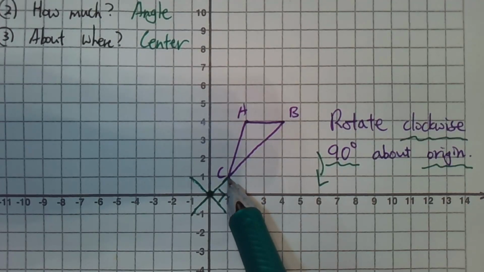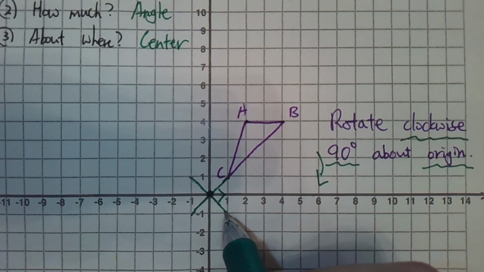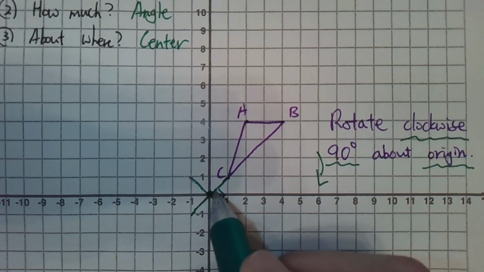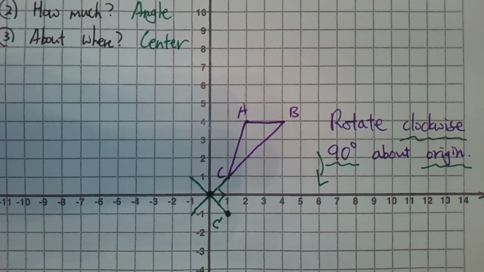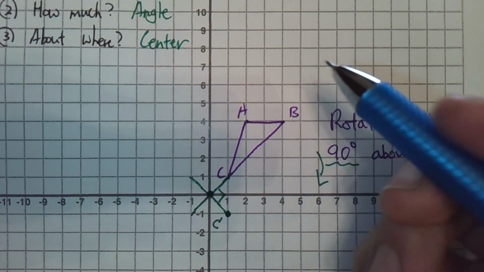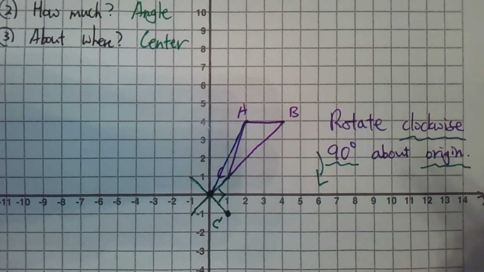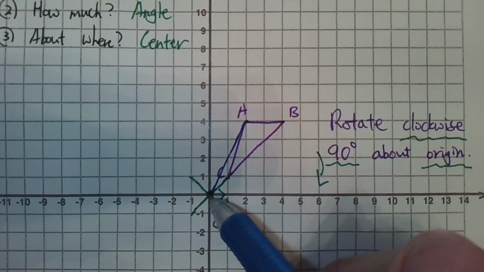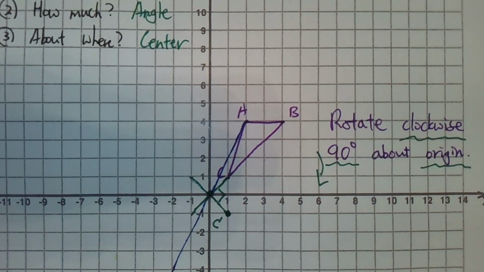If I turn my point C 90 degrees clockwise about the center, then the point C will end up right here after the 90 degree turn. And this is my C prime. Let's do the same, but this time I'm going to use the blue pen. I'm going to do the same from point A. I'm going to draw a guideline through the center. I'm going to extend it right there.